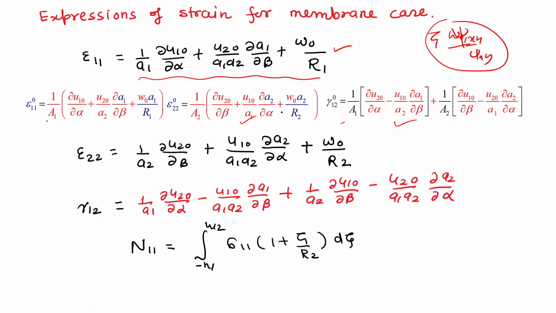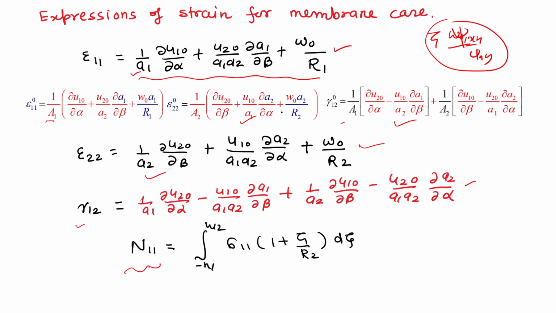Because the shell is thin, zeta by R2 is neglected, so capital A1 is replaced by a small a1, as you see here, and the same way in epsilon 22 and gamma 12. So these are the expressions of strains. Epsilon 11, epsilon 22 and gamma 12 are taken care of.